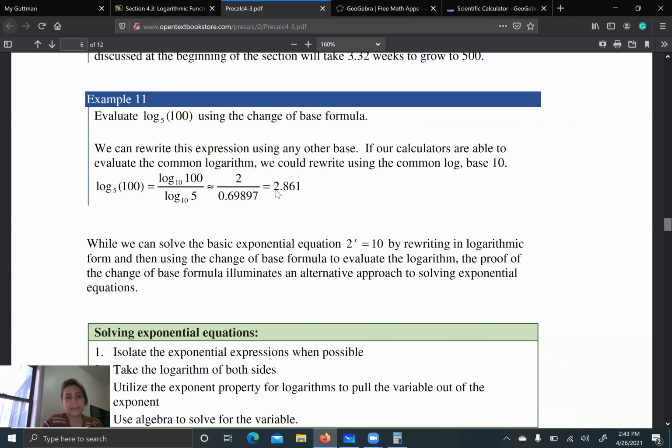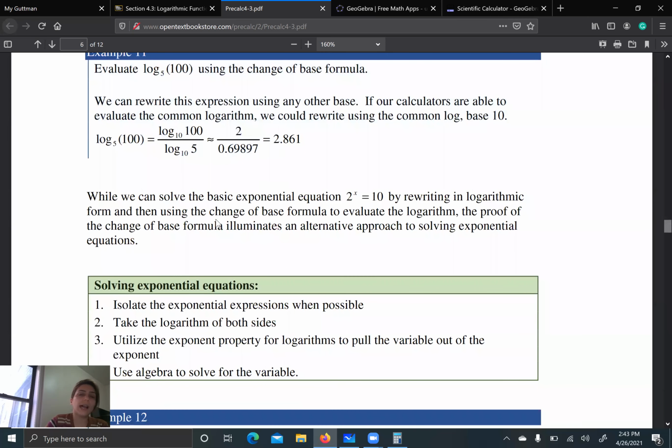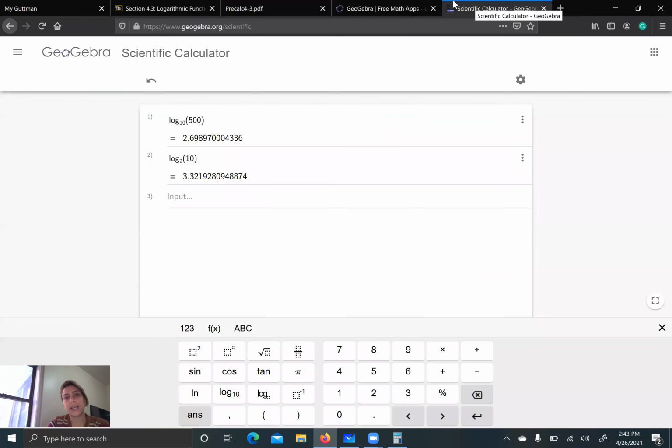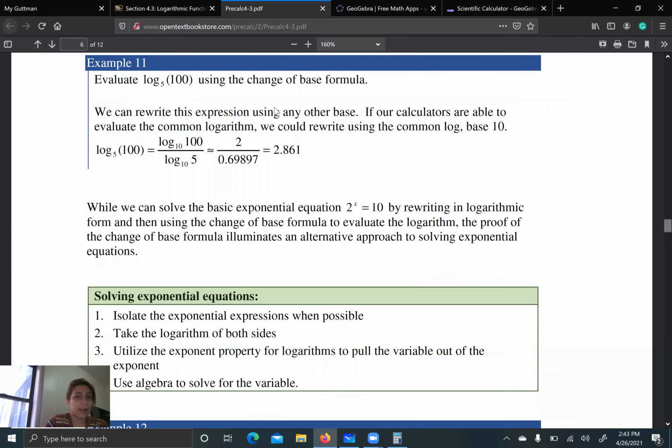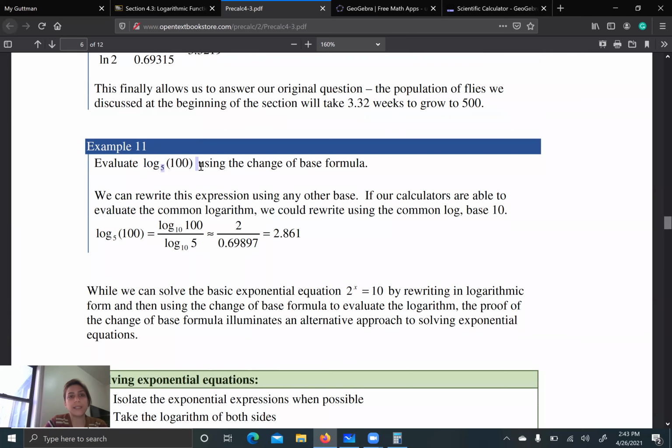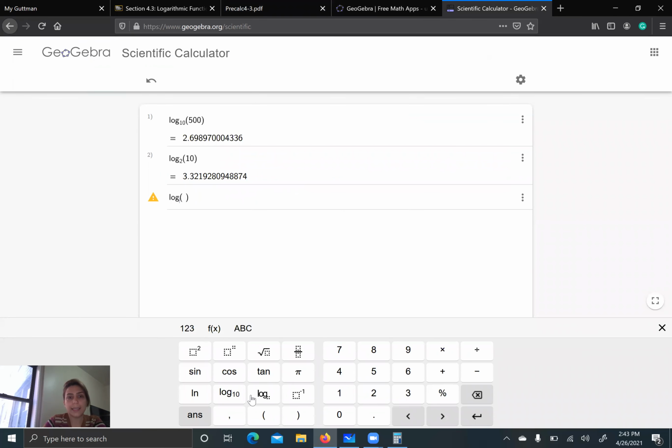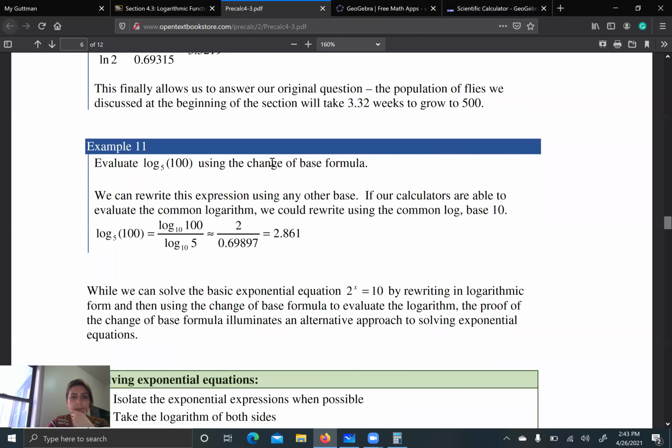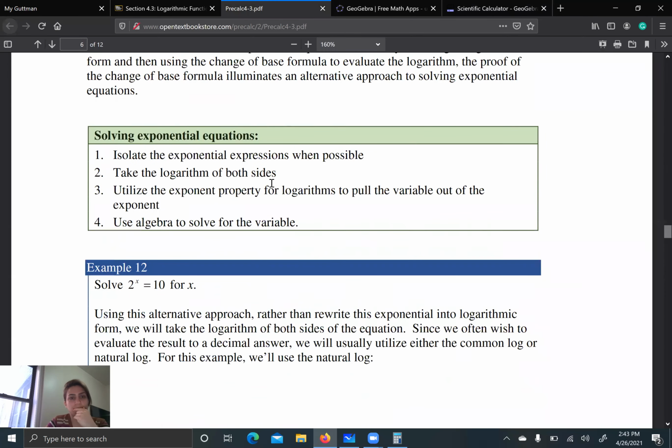However, now we all have access to scientific calculators, so even if you want to evaluate that, you don't have to use that property. You can simply evaluate log of 100 to the base 10, and the calculator gives you that. So I think you should be fine for that.